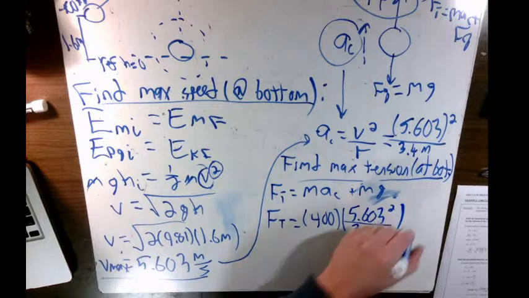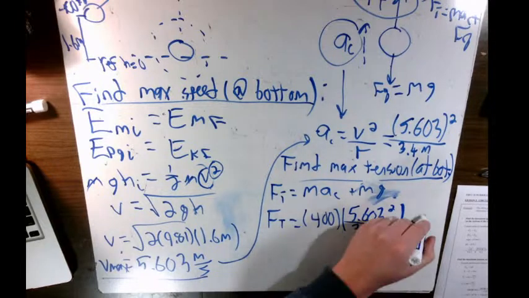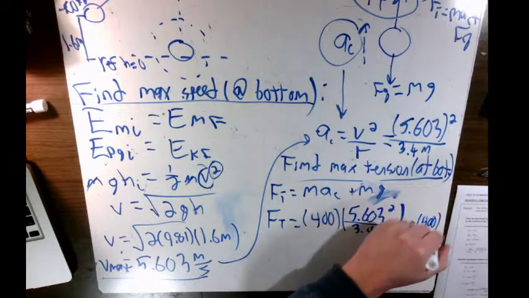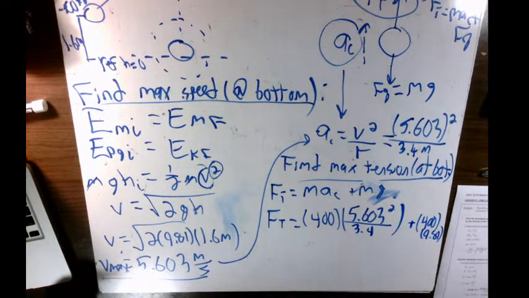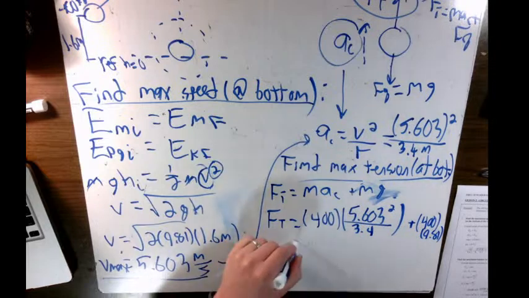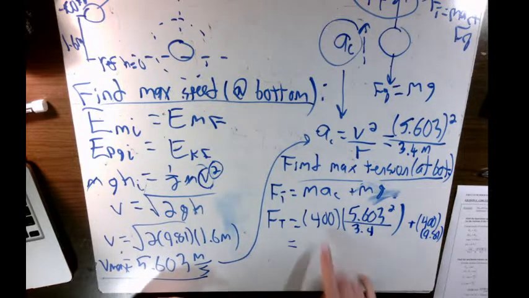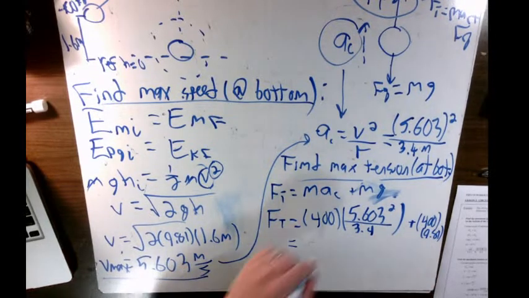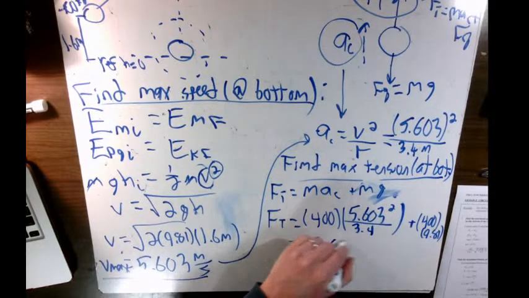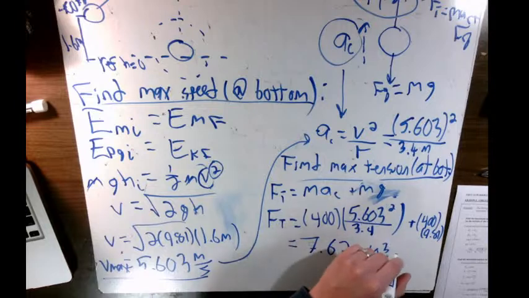And we're going to add that to our mass and gravity, 400 times 9.81. So 400 times centripetal acceleration plus 400 times gravity gives us 7.62 times 10 to the 3 newtons, or kilonewtons.